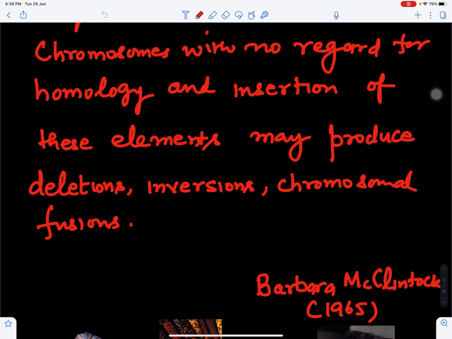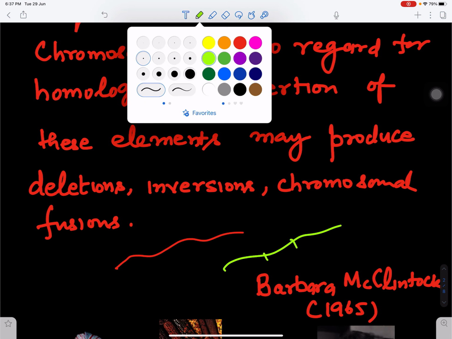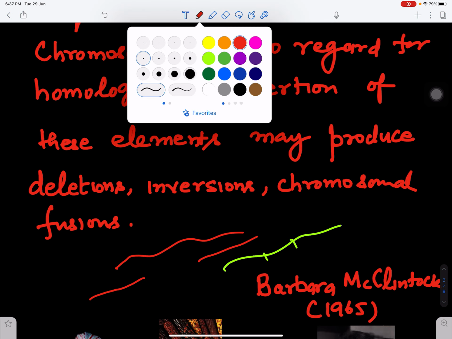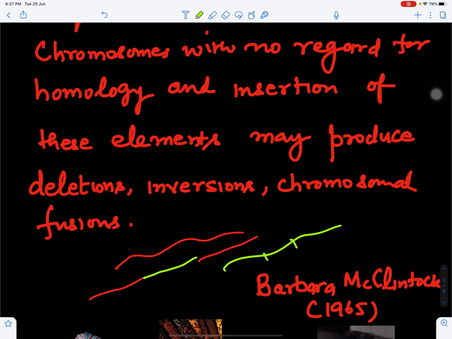Like if we have this DNA and this is another DNA, supposing this part is getting integrated into this DNA, here this copy is being integrated into this DNA. Now when this is getting integrated, they are not homologous to each other. This is a different genome, this is a different genome.